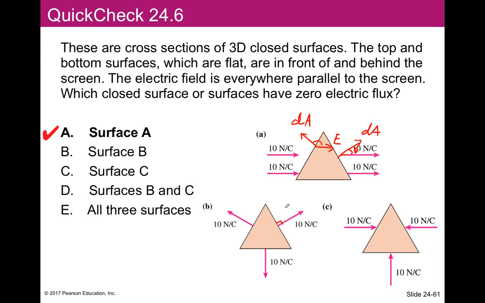Then you get positive flux. The same thing for the left side and the lower side. So you always get positive values. So for option B, you get positive net flux. And for C, you get negative net electric flux.